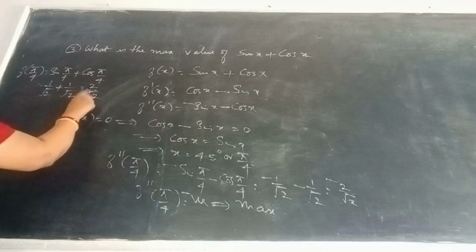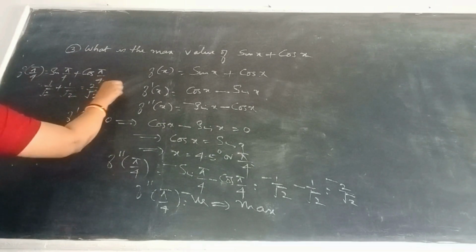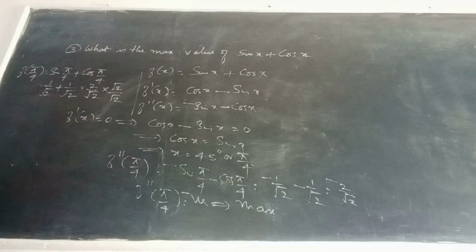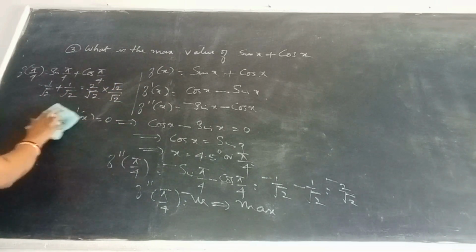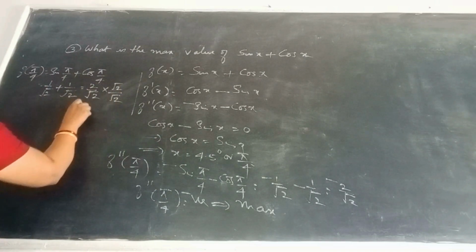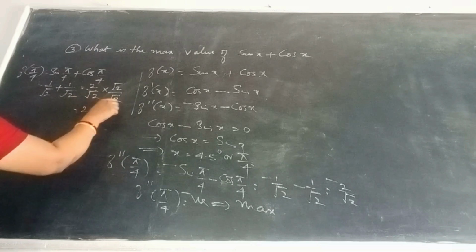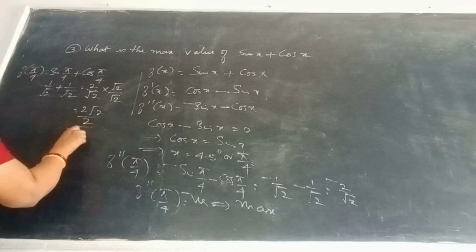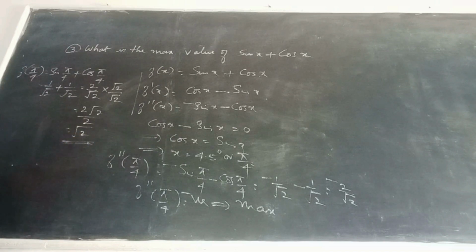Let us rationalize by multiplying by root 2 by root 2. Numerator 2 root 2, denominator root 2 into root 2, 2. So the 2 will get cancelled. So the final answer is root 2. So the maximum value is root 2.